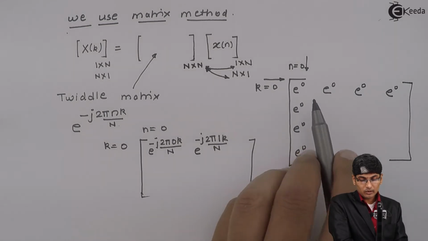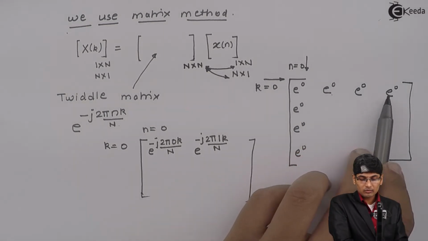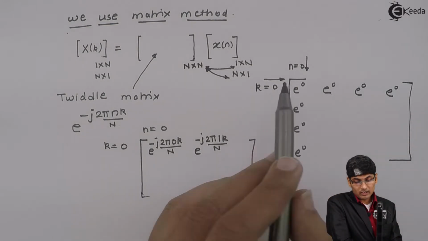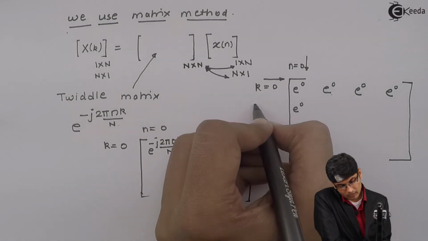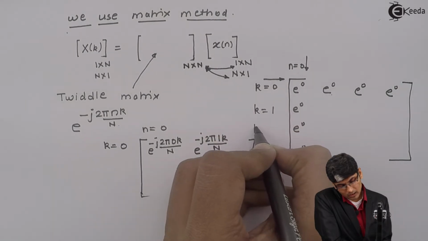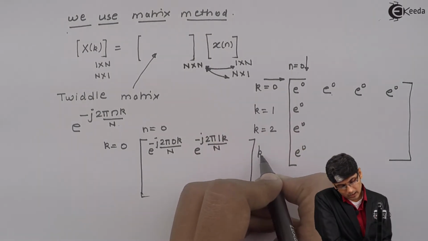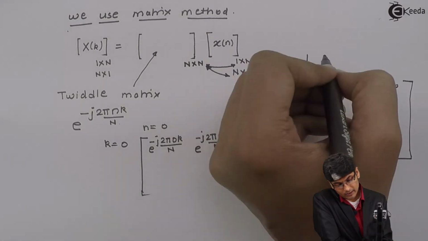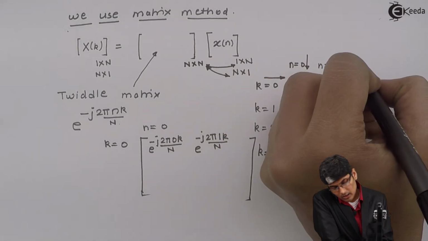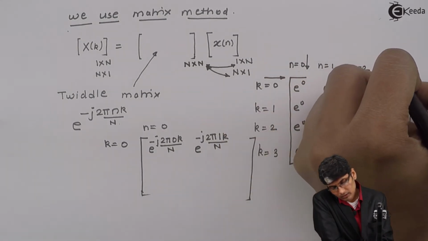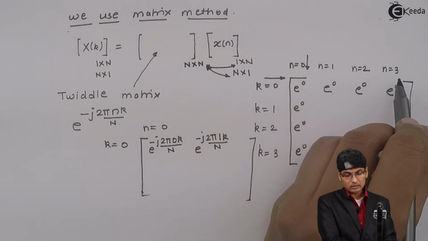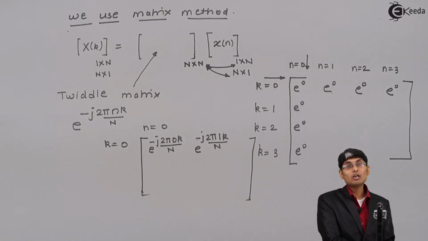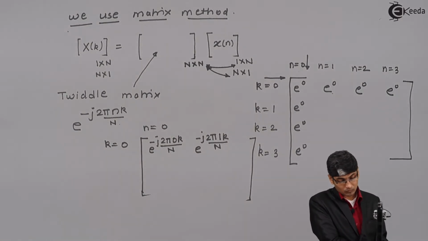Agreed. Because I put k 0, this will be 0, this will be 0, this will be 0, this will be 0. And because n is 0, whatever value of k I put, it will always be 0. So, my k will be 1 over here, k will be 2 over here and k will be 3 over here. Whereas here n will be equal to 1, n will be equal to 2 and n will be equal to 3. Okay. Because I am starting from 0, it will go till 3, it is also starting from 0, so it will go to 3.